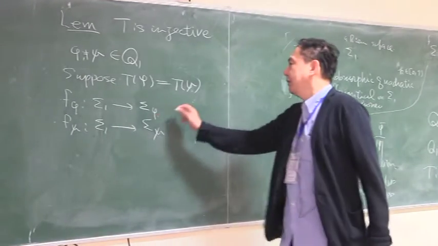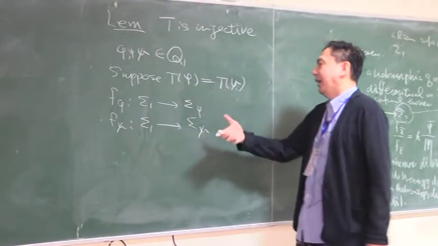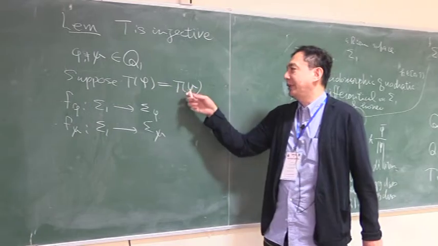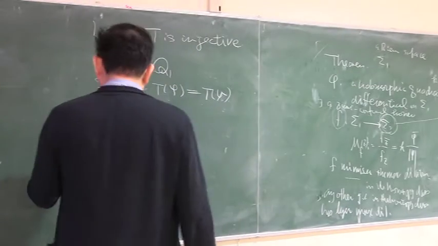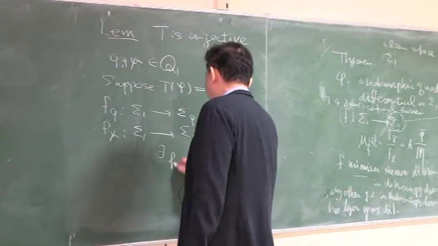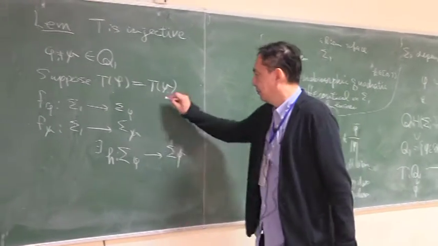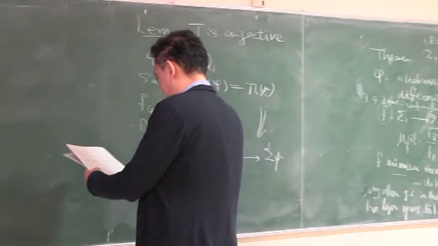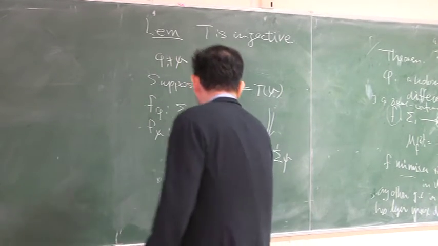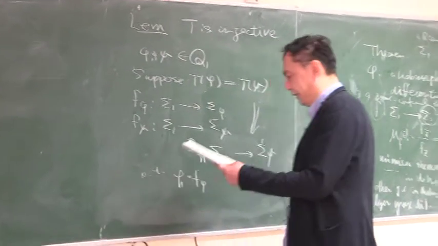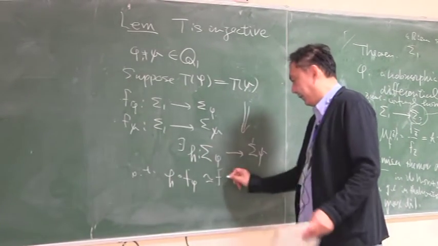And because the pairs sigma phi, F phi and sigma psi, F psi represent the same point in the Teichmüller space because of this assumption, you have a conformal map, a holomorphic map H from sigma phi to sigma psi, such that F phi composed with H is homotopic to F psi.